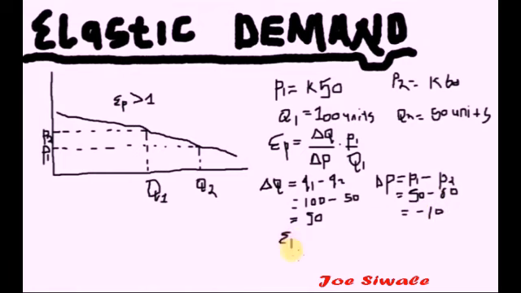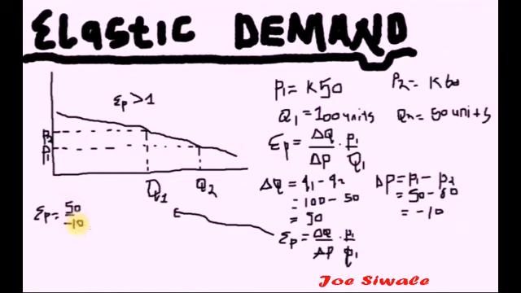Since I've calculated my change in Q and my change in P, I can calculate the price elasticity of this product. So the change in Q over the change in P multiplied by P1 over Q1. EP is equal to my change in Q, which is 50, divided by my change in P, that's negative 10, multiplied by P1, that's 50, over Q1, that's 100.